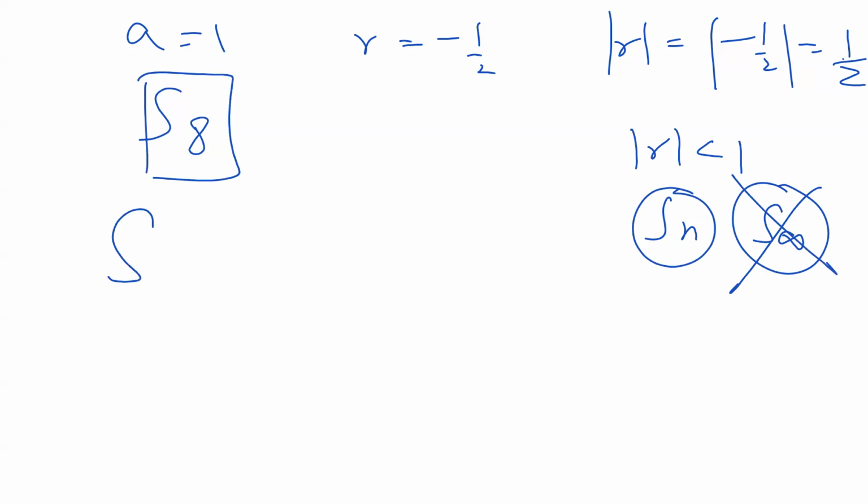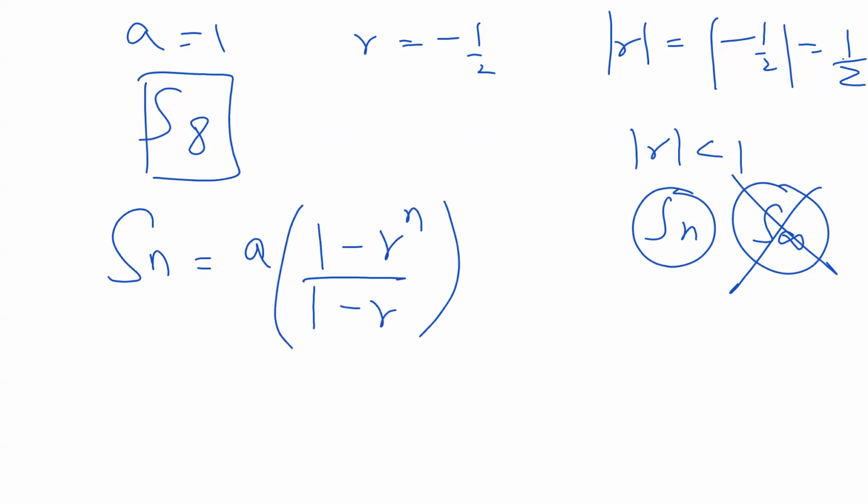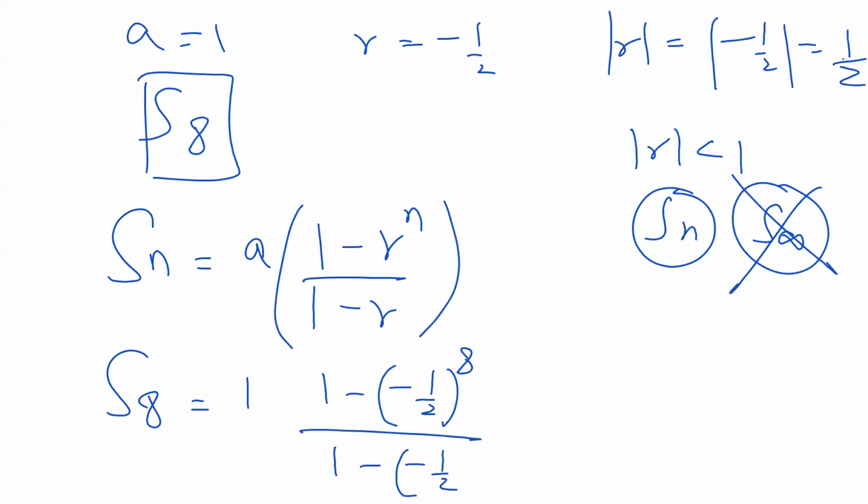So Sn is a into 1 minus r raised to n upon 1 minus r. So S8: what is a? a is 1. 1 minus r, what is r? Minus half raised to n. Okay, n is 8, upon 1 minus minus half.